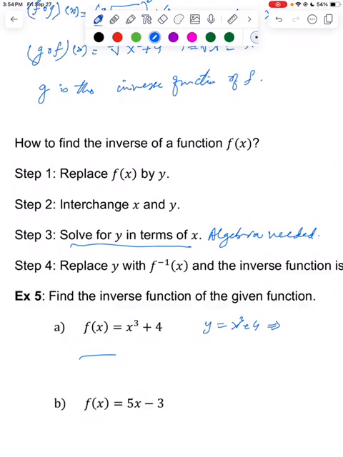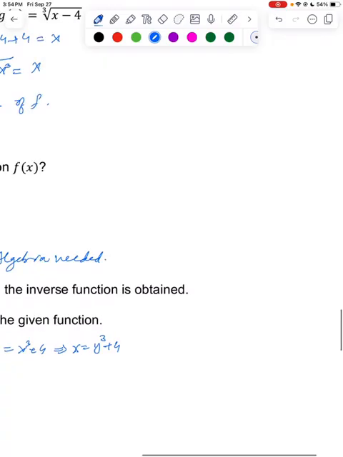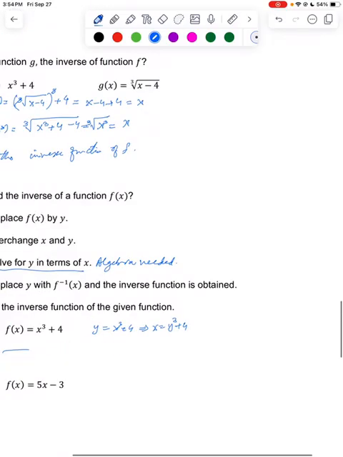So x equals y cubed plus 4. Now I want to find y. So what will I do? I have to first isolate the term which has y in it, which means I will subtract the 4. So this will give me x minus 4 equals y to the third.